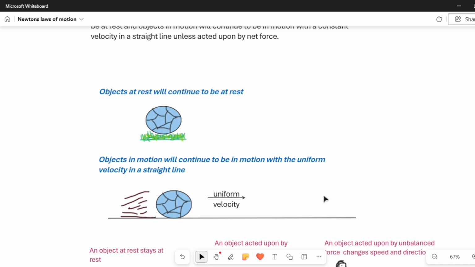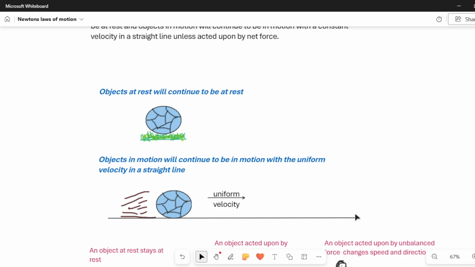Why? Because on our earth we have friction, and we have forces like wind force which act on the football and stop the ball. Even if you take an ice floor and push the ball on it, the ball will keep moving continuously, but that also will come to a halt after some time.